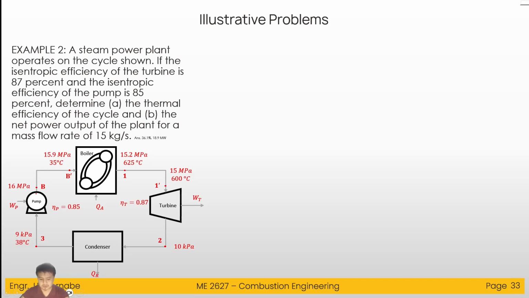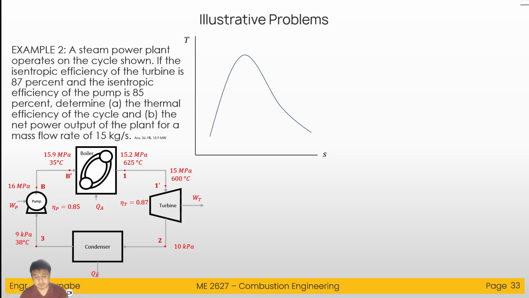Let's get into the first properties that we get. Let's start with drawing the Ts diagram. We start with the exit of the boiler, so we have point one. This is superheated vapor.